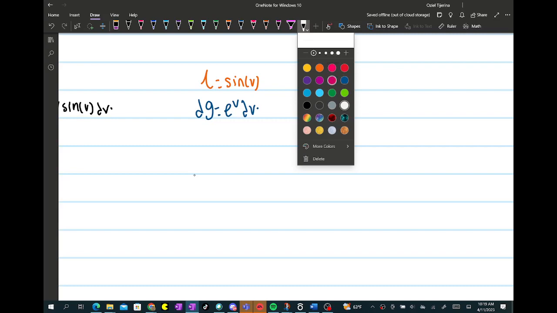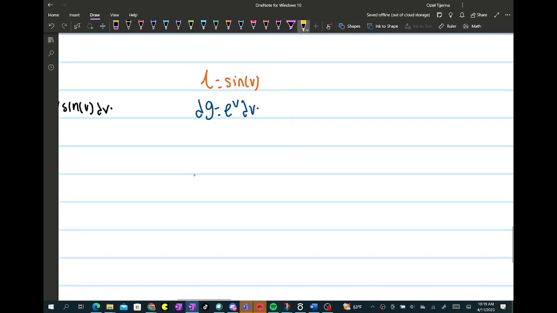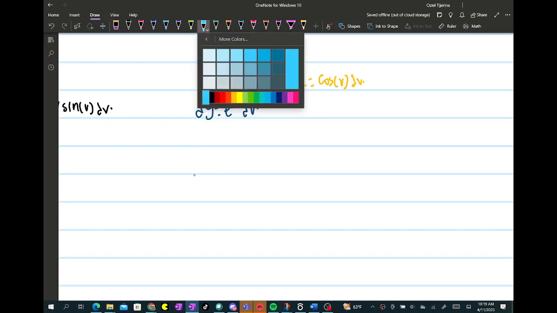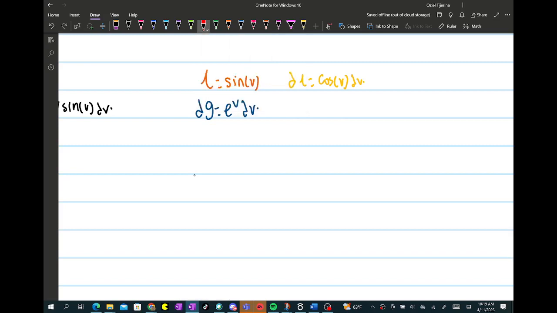So dl is going to be cosine of v dv, and then the integral of dg, so g itself, I'm running out of colors here, but I'll do red. G itself is going to be equal to e to the v.